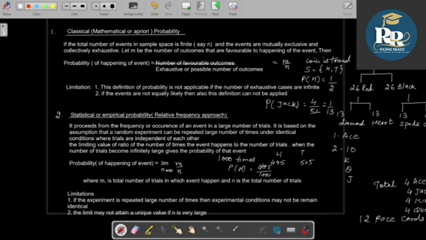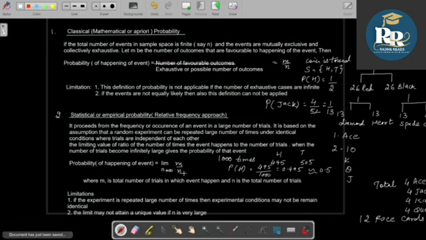So what will be the probability of head? The probability of head will be 495 upon 1,000, that means the frequency of occurrence of the head divided by the total frequency. So that will be 0.495, which is approximately 0.5. Not exactly, but it approaches 0.5.